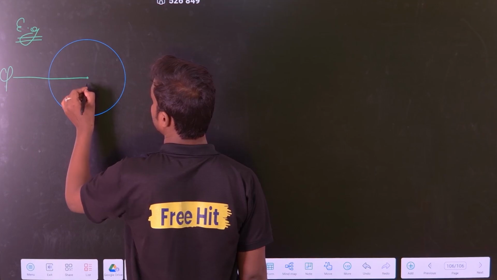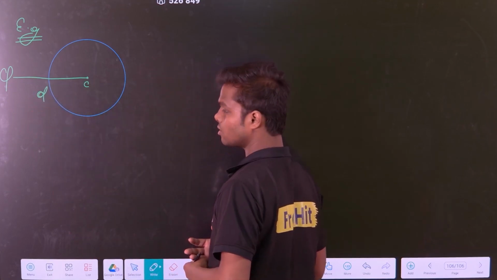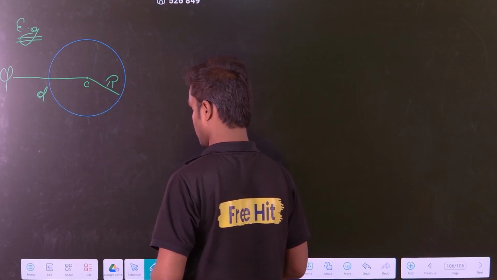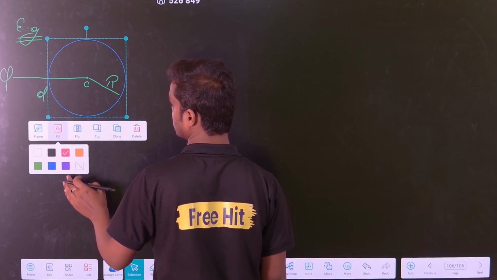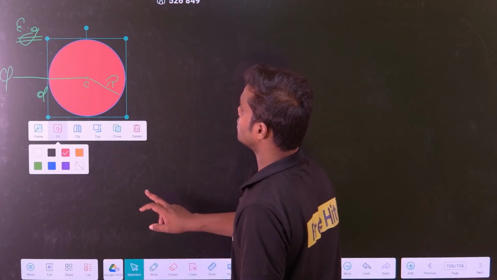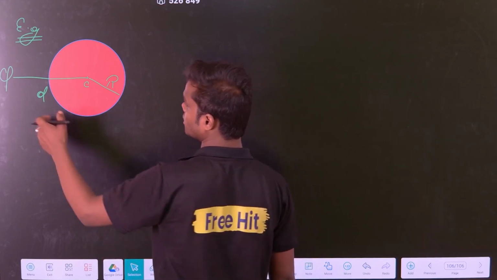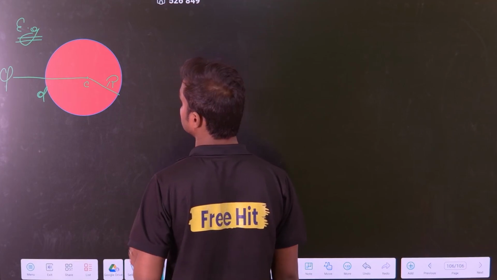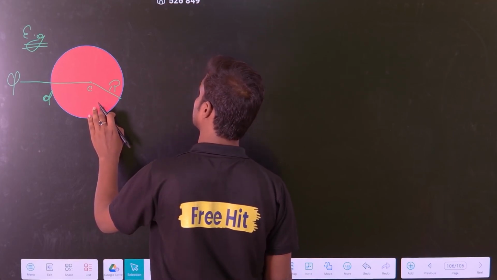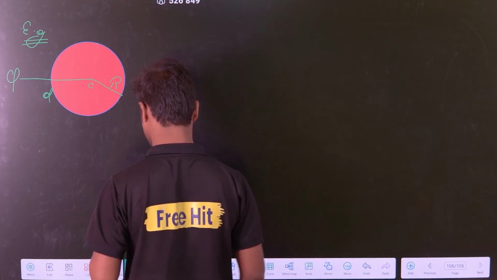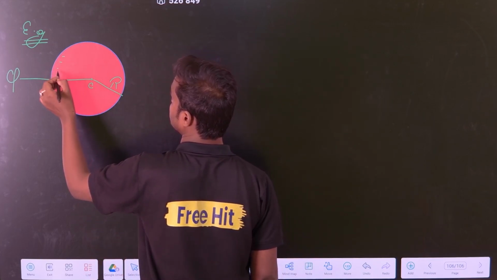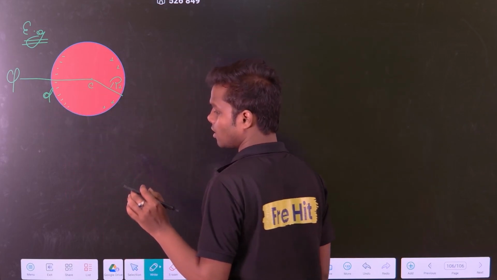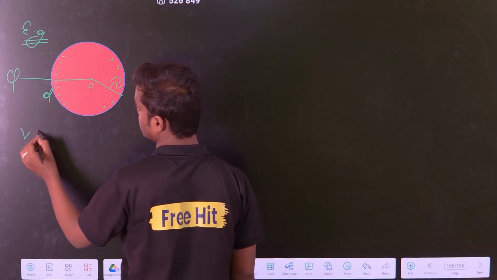The distance from the center is d, and the radius is r. Obviously when you bring a charge here, some negative charge will be induced here and some positive charge will be induced here. I want to know the total potential at the center.